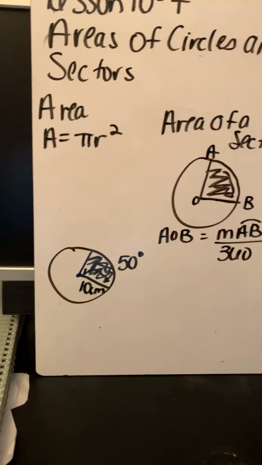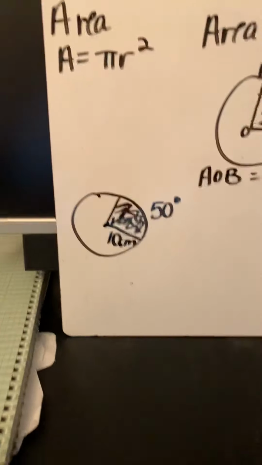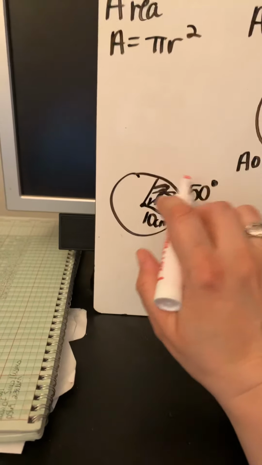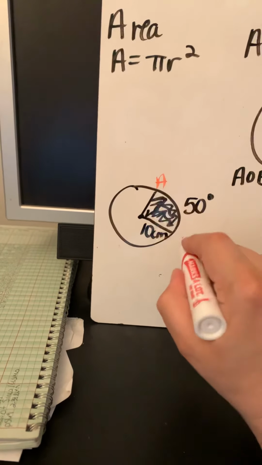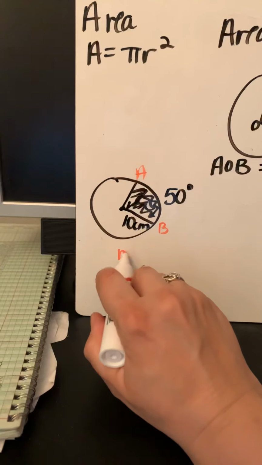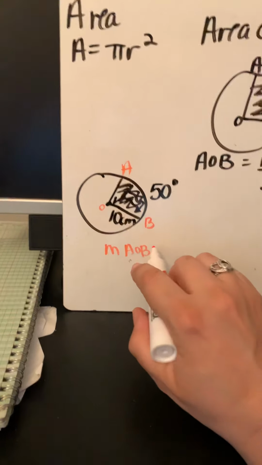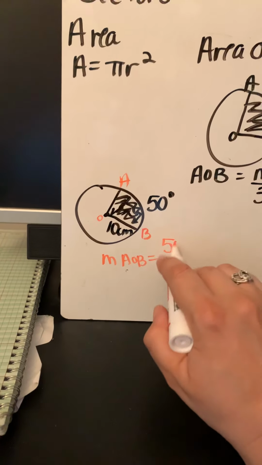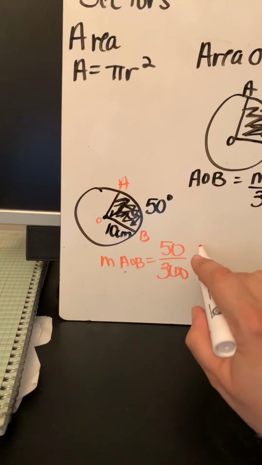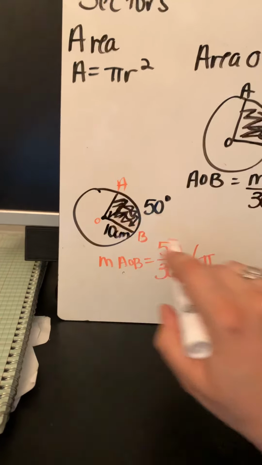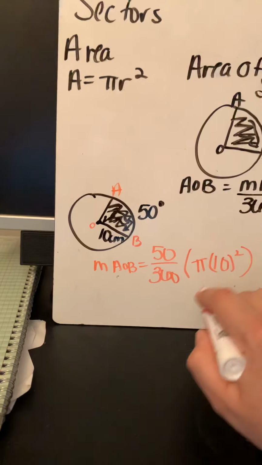So let's do an example here so I can show you how to do area of a sector. Say I want to find the area of this sector right here. I'm just going to label it A, B. So my measure of AOB, let's say that's O, is 50 degrees over 360 times pi, R is 10, so 10 squared.